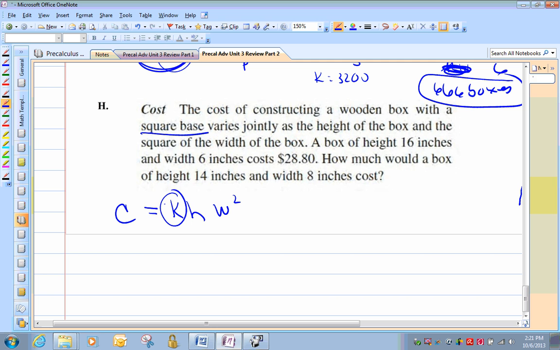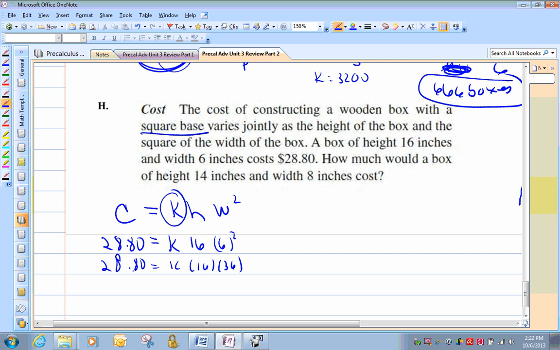All right, so this is our formula. We're going to solve for K here in a minute. The box height is 16, so we're just going to plug in. And the width of the base is 6, so it's going to be 6 squared. And we have the K we're going to solve for, and that cost is $28.80. Now be really careful. This is 6 squared, so 6 times 6 is 36. So we really have K times 16 times 36 equal to $28.80.